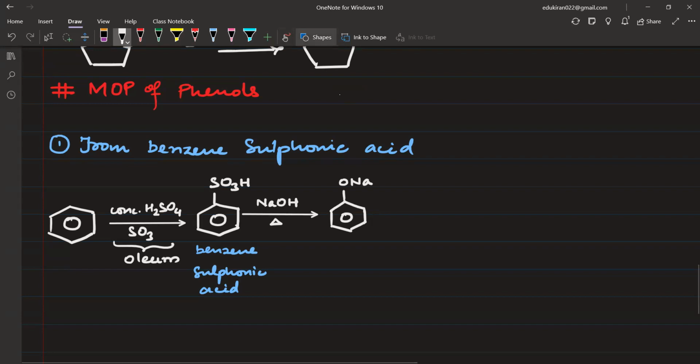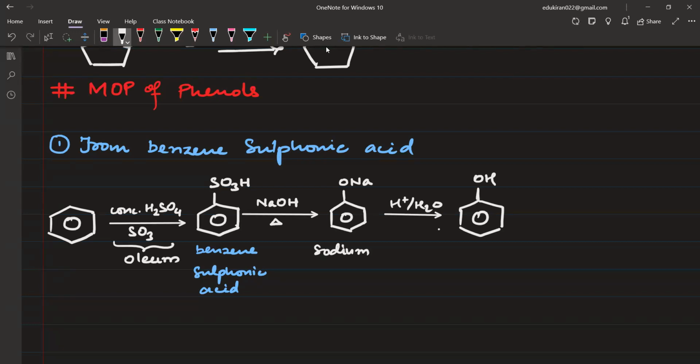And once we have got ONa, I will just use acid in the presence of water, that means H plus in the presence of H2O, to replace the Na with hydrogen, making it phenol. This is sodium phenoxide. This is phenol.